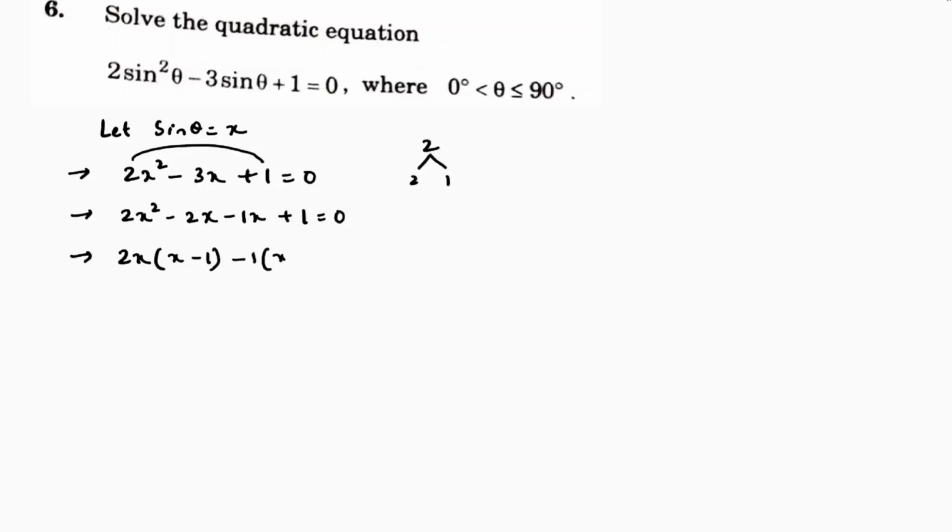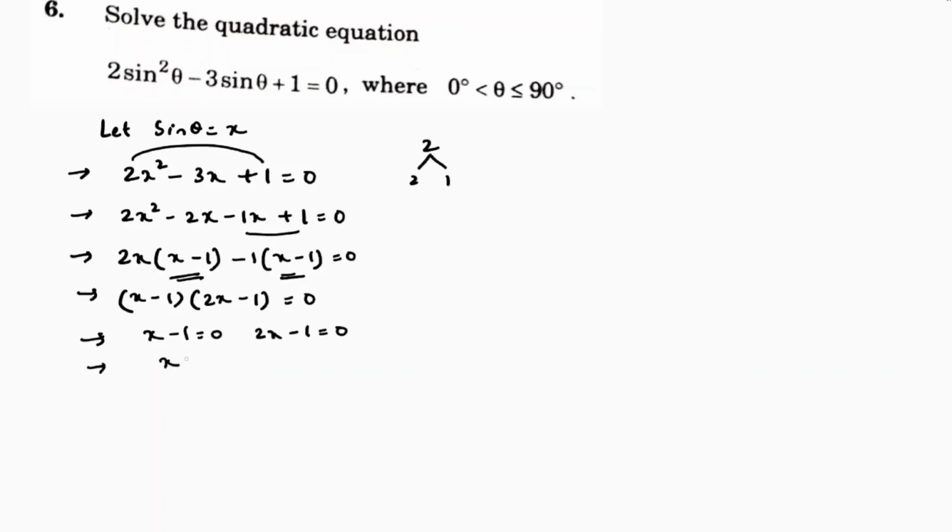Here if I take minus 1 common, x minus 1. So if I take x minus 1 common, x minus 1 into 2x minus 1 equals 0. So x minus 1 equals 0, 2x minus 1 equals 0.